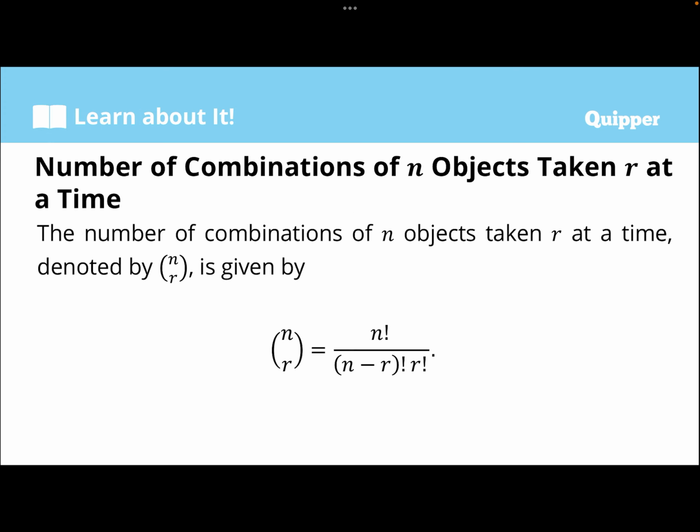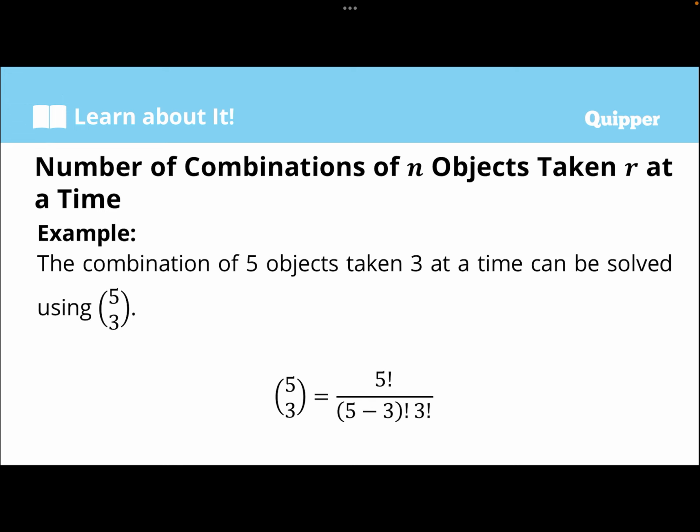So the number of combination of n objects taken r at a time is denoted by nCr is equal to n factorial divided by the quantity n minus r factorial times r factorial. So for example, the combination of 5 objects taken 3 at a time.